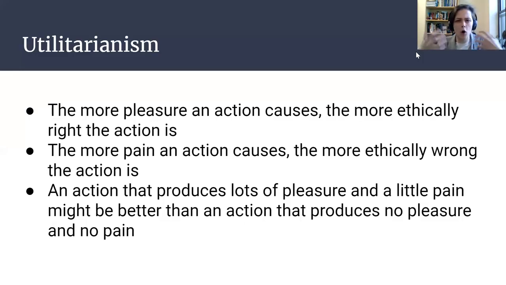If you can order things, okay, this is more painful than this, and this thing is more pleasurable than this, then maybe you can't quantify it exactly, but you can make decisions about what it's better or worse for you to do in given circumstances. Or at least that's what the utilitarian thinks you can do and should be able to do.